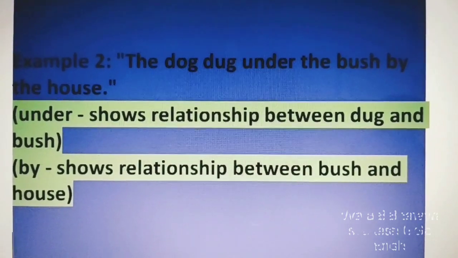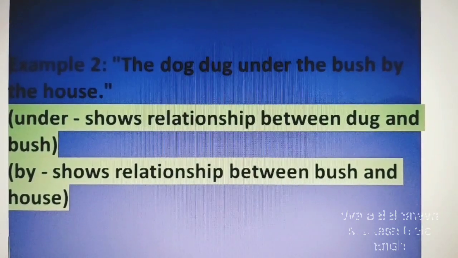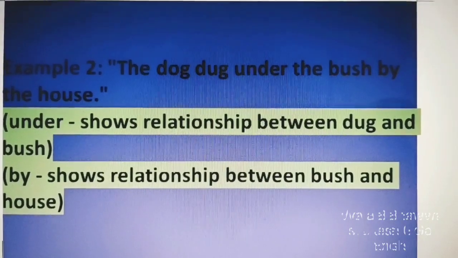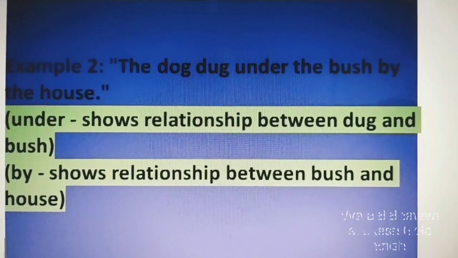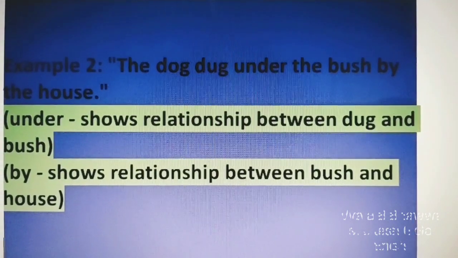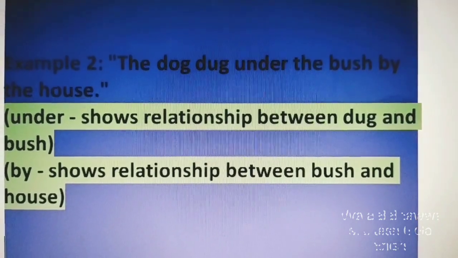Clear? Okay, now all of you quickly, without wasting time, write down any simple sentence using 'under' and 'by' together within a single sentence, different from the example I have taken. Make it fast, each and every one.